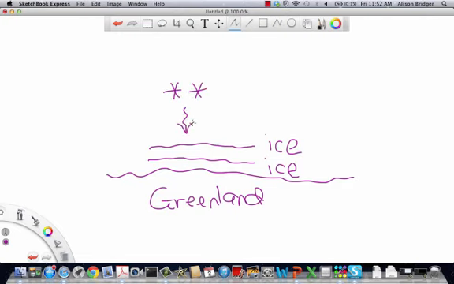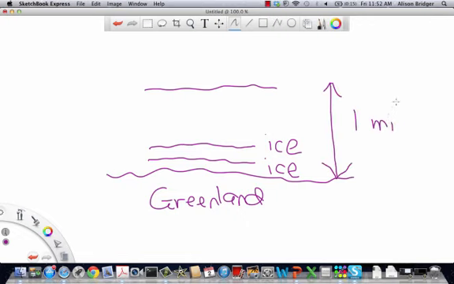That's how this works. So that after long enough over Greenland, you have a vast, thick layer of ice. And roughly speaking, it can be up to 1 mile deep. That's a rough number, but it's not 1 foot deep, and it's not 1,000 miles deep. It's about a mile deep.